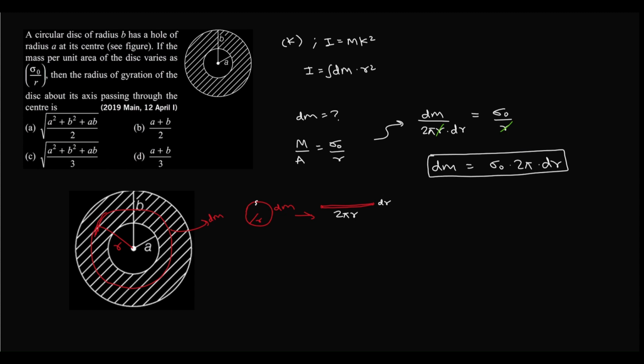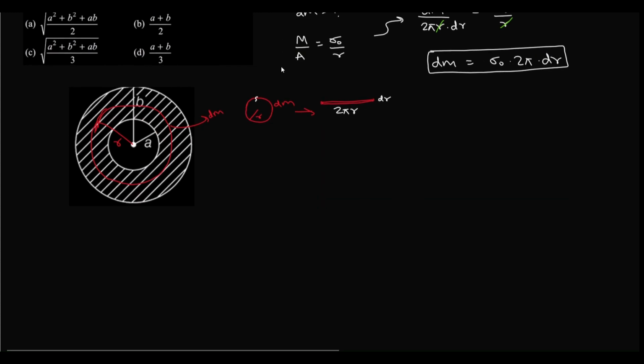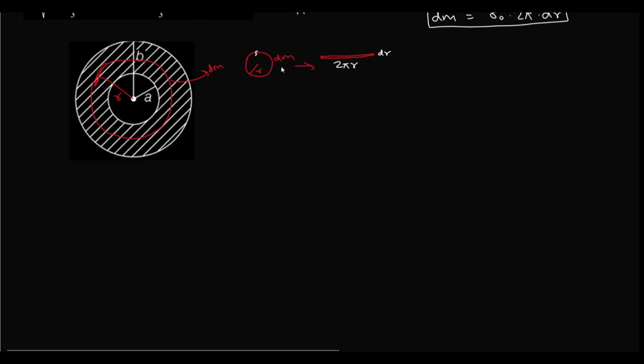So now I have to find the moment of inertia, and then we can find our radius of gyration. For inertia, we know integral dm r square is used for mass varying rigid bodies. Right now we know dm also.